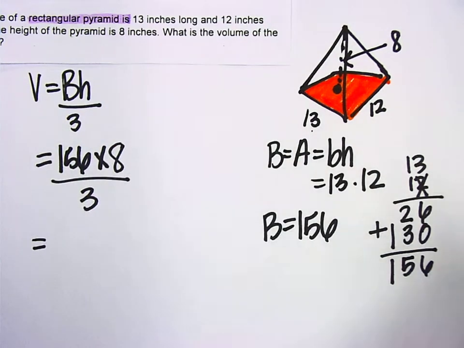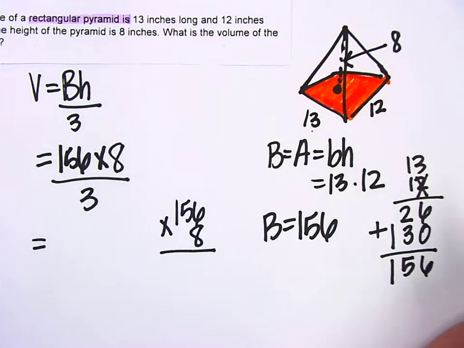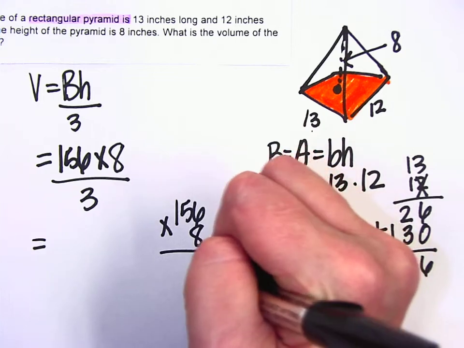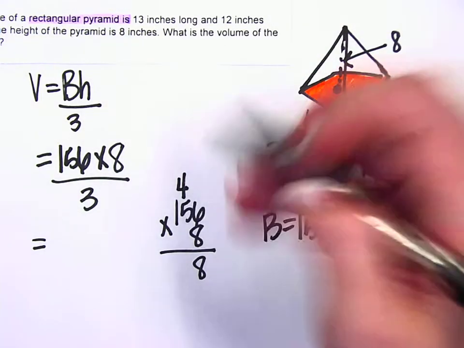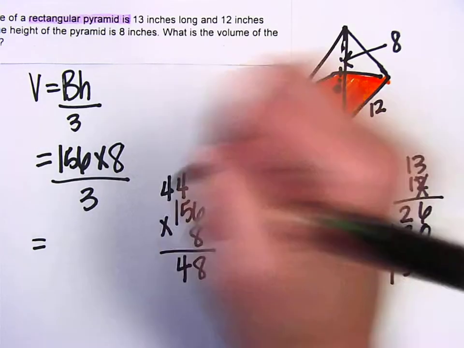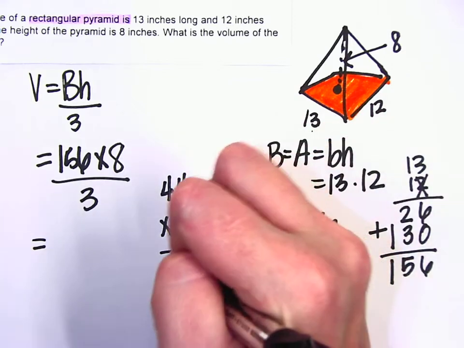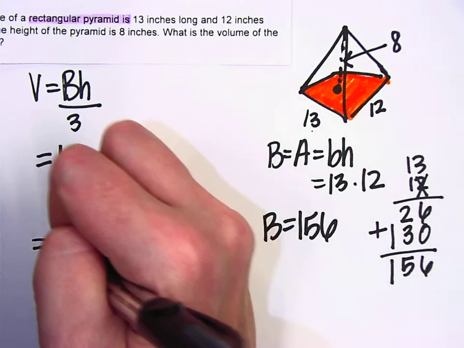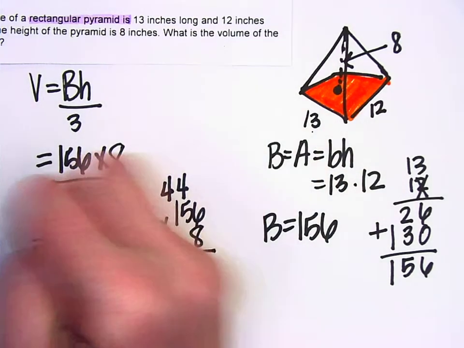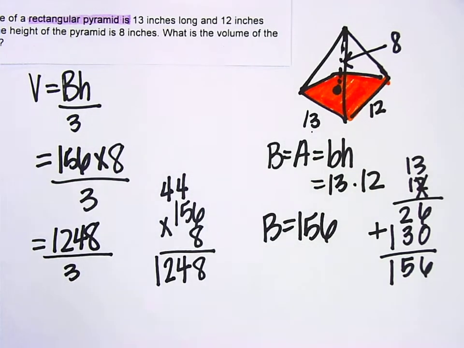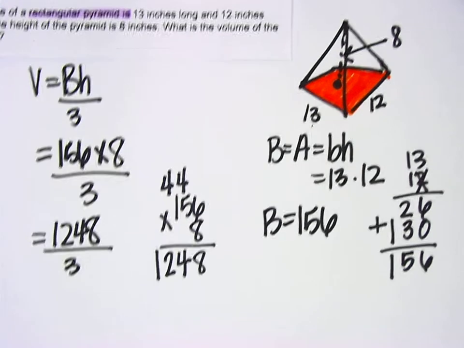So I have 156 times 8. 8 times 6 is 48. 8 times 5 is 40, plus 4 is 44. And 8 times 1 is 8, plus 4 is 12. So I have 1248. And don't forget to carry down each step of our formula every single time that you simplify something.